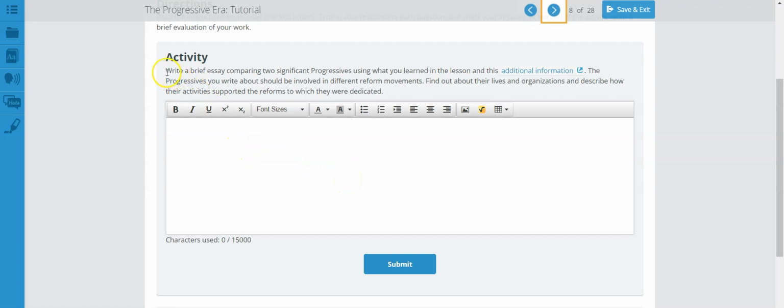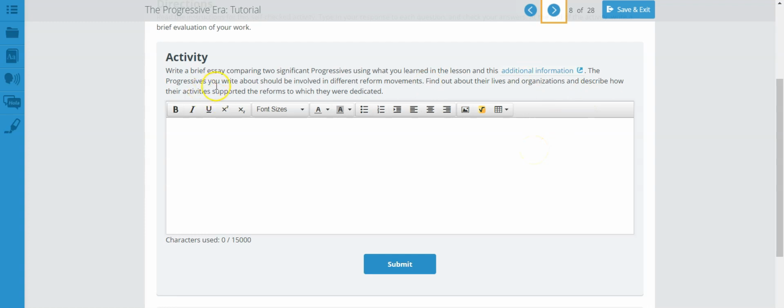Let's read what you're being asked here to do. Write a brief essay comparing two significant progressives using what you learned in this lesson and this additional information. So you're using what you have studied so far, and you're using this particular link in order to provide your response.